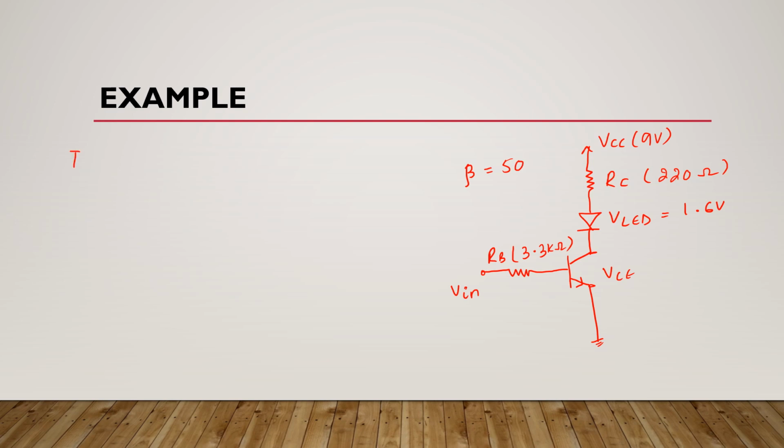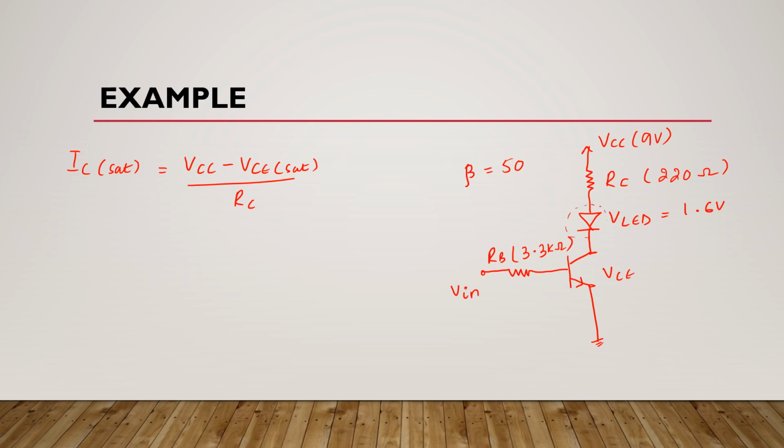First, we will find the value of saturated collector current. We know that the formula of this saturated collector current is VCC minus VCE saturated divided by RC. As you can see here in this collector terminal, this LED is also present.